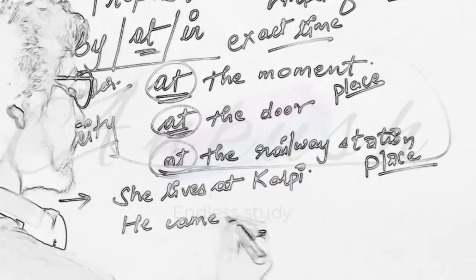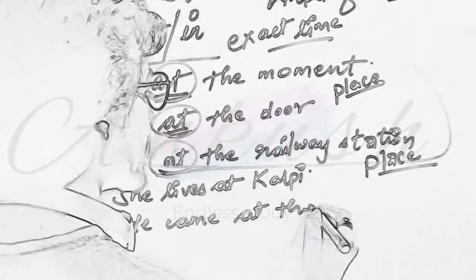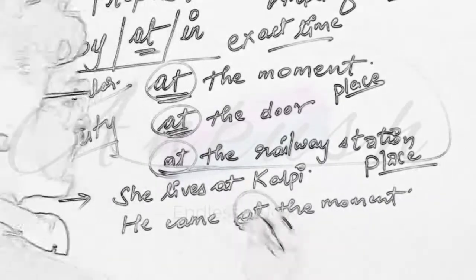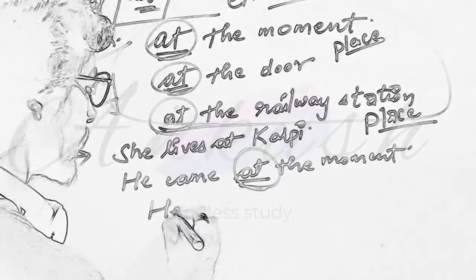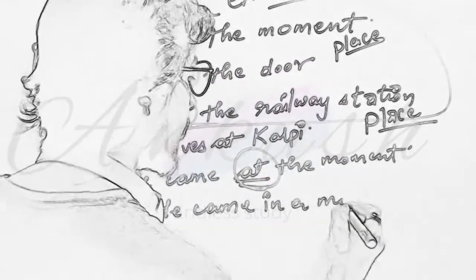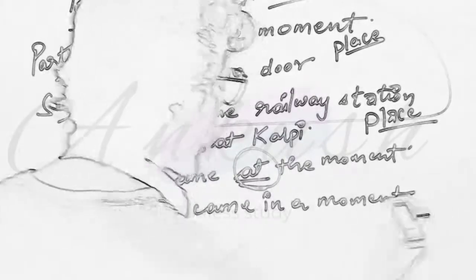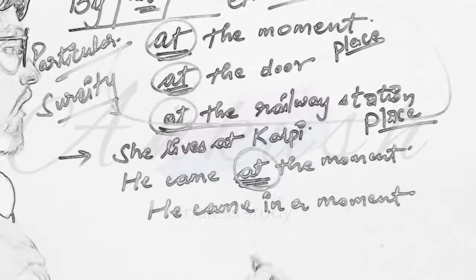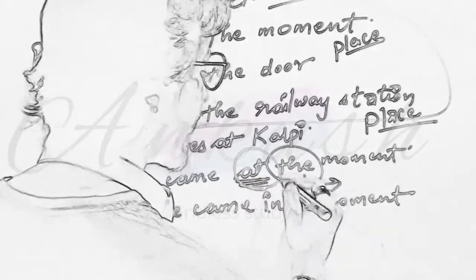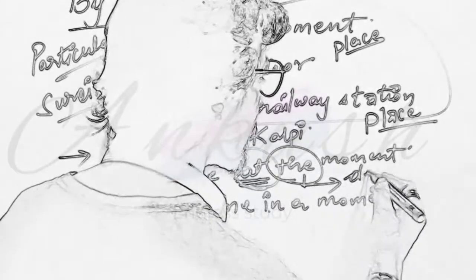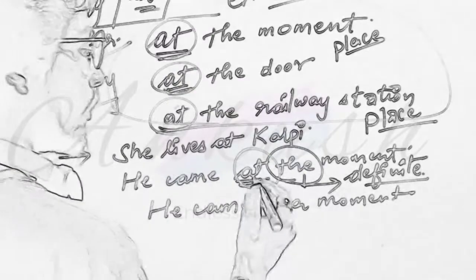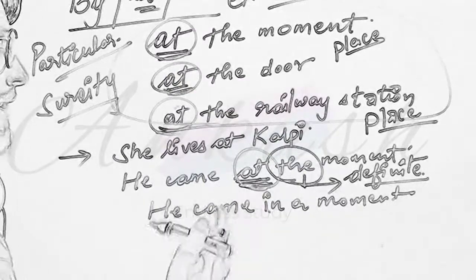He came at that moment. And if you use in here, suppose he came in a moment. If you are using in here, then the will not come, because the is an article and it shows definite things or surety, an exact moment, exact time.